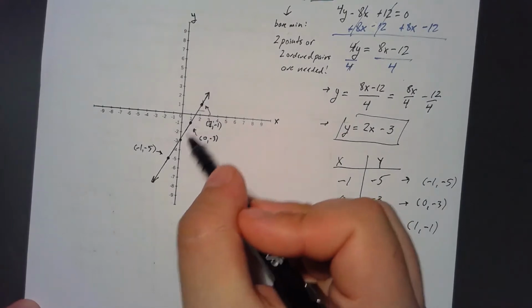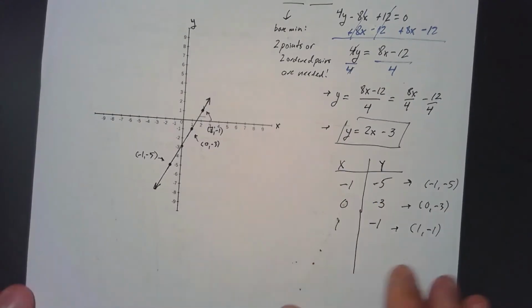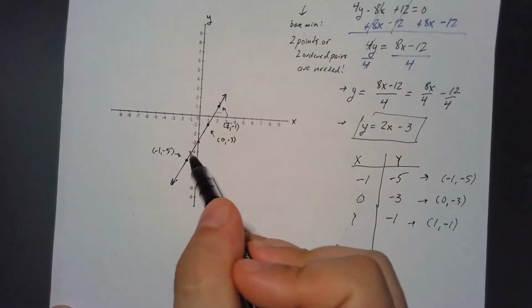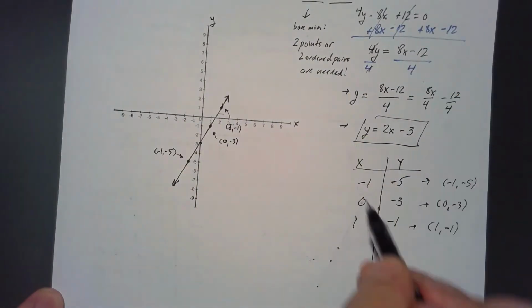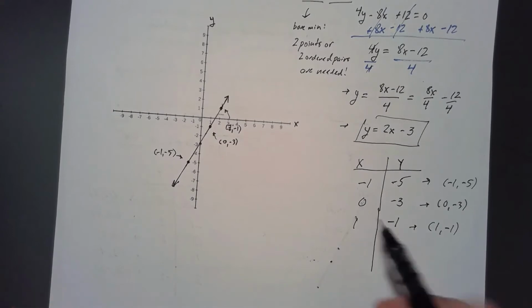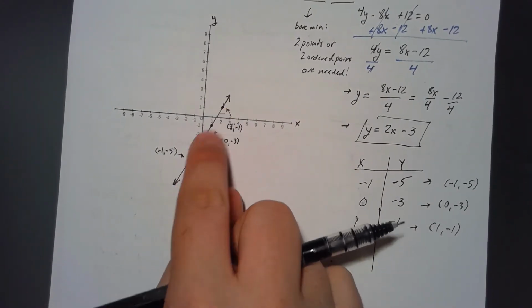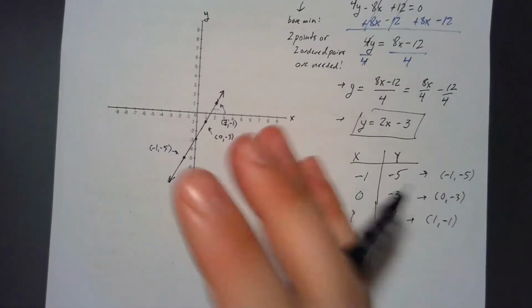This line doesn't just have 3 points on it, just like this line doesn't have only 5 points on it. There's an infinite number of points on a line. I only found 3, just like in the previous one, I only found 5. But there's an infinite number of ordered pairs on a line, or any equation for that matter.